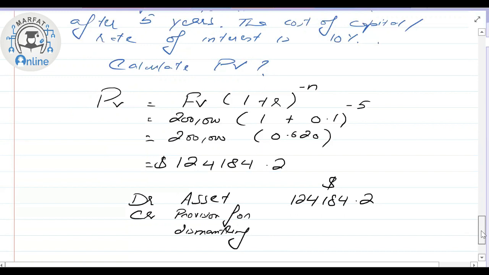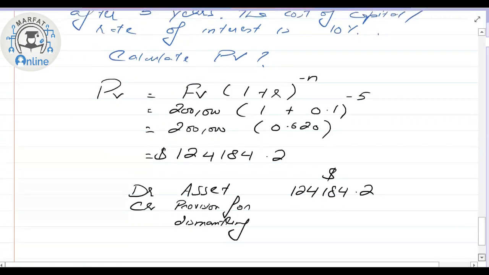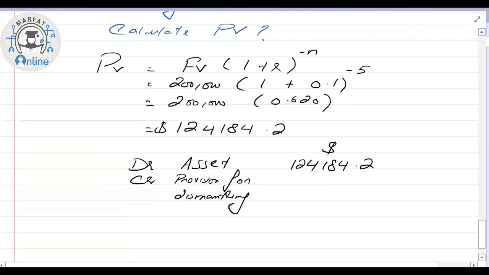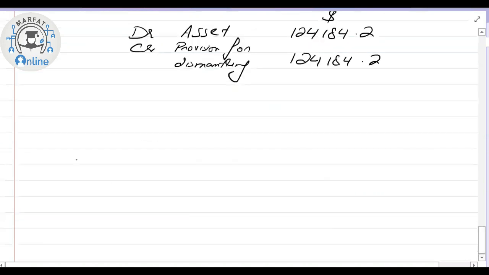Here we are sure regarding the timing, that after 5 years we will do the restoration, but the amount is unsure because it is estimated. So if we are estimating the future amount, that is known as provision, a liability of uncertain timing and amount. 124,184.2. So this is how we calculate the present value.